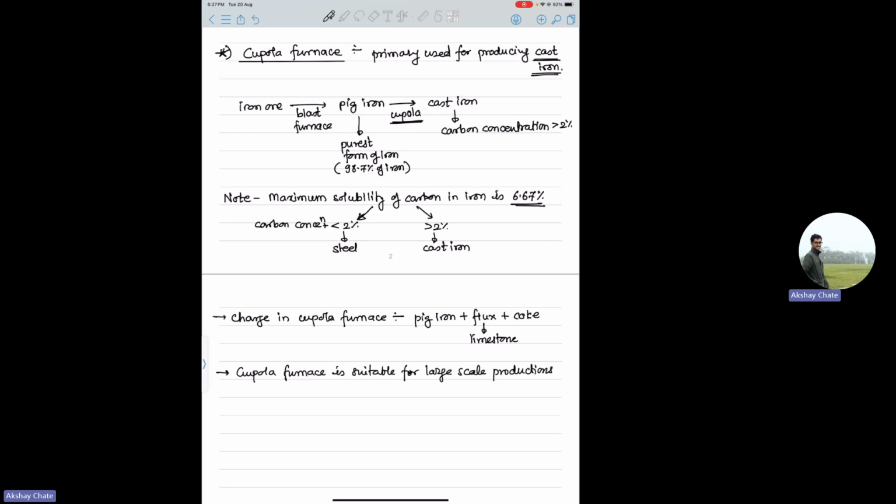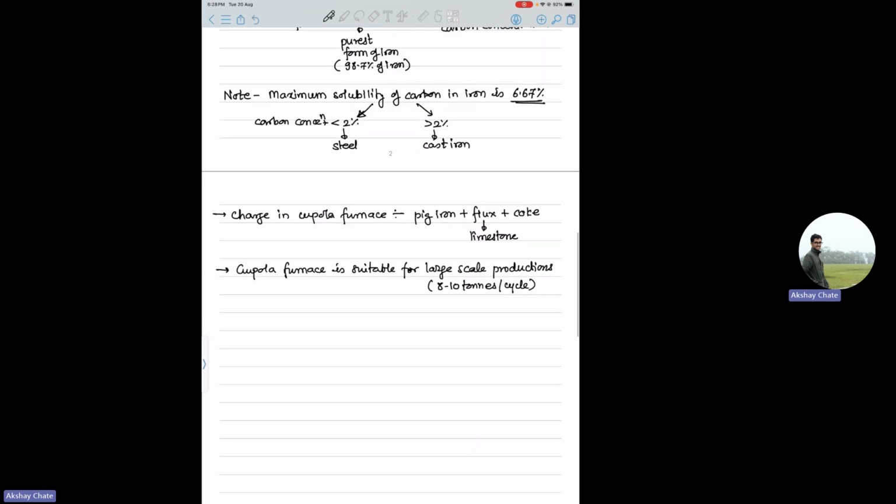It's not for small scale. It's like 8 to 10 tons per cycle. So once you charge the cupola, it's not like you put 10 kgs or 20 kgs of charge. It's very big. So that's why. And there is one version of this which is called hot blast cupola.